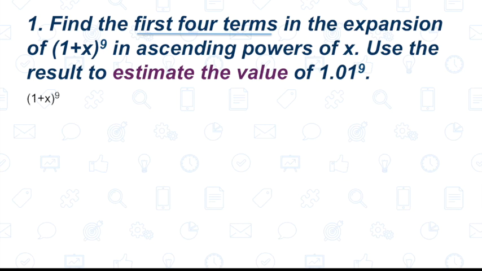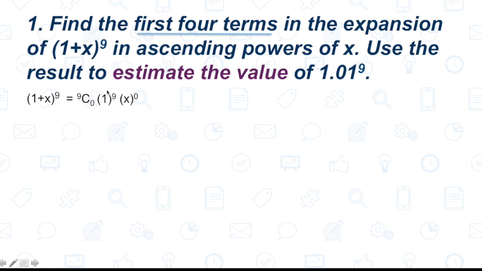Okay, so (1 + x)^9, and we can already do this horizontally, and that will be equal to C(9,0) 1^9 x^0. As we can recall, the coefficients will be C(9,0), and the next will be C(9,1), C(9,2), then C(9,3).